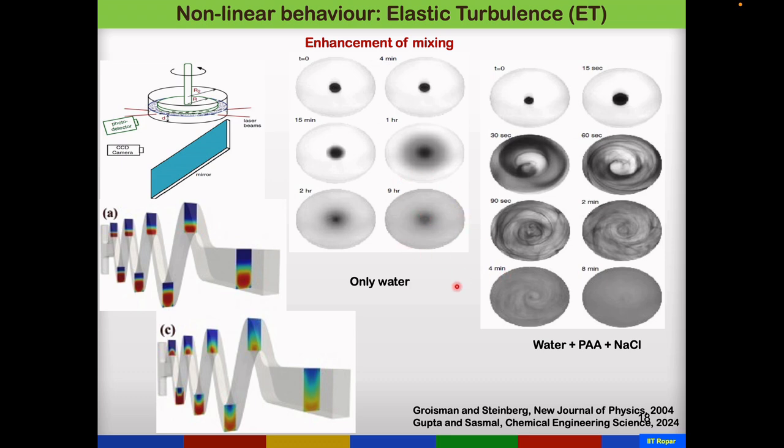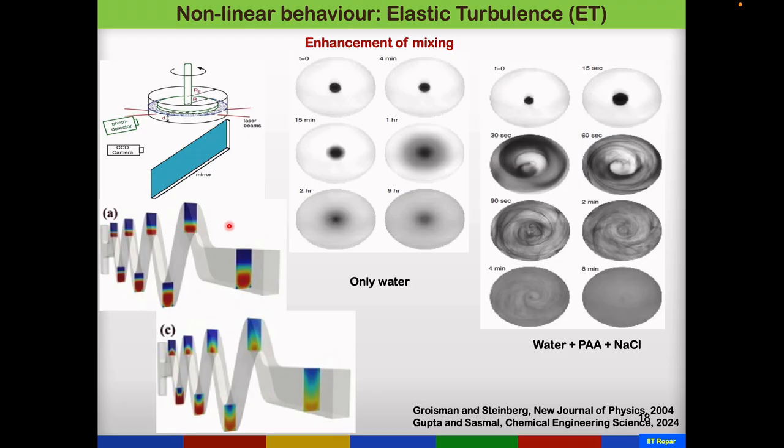But if you use water plus polymer instead, then after 8 minutes the dye will be quickly mixed inside this flow system, and that is purely because of the origin of this elastic turbulence within the system.